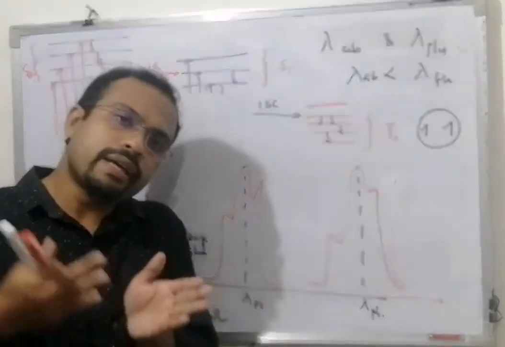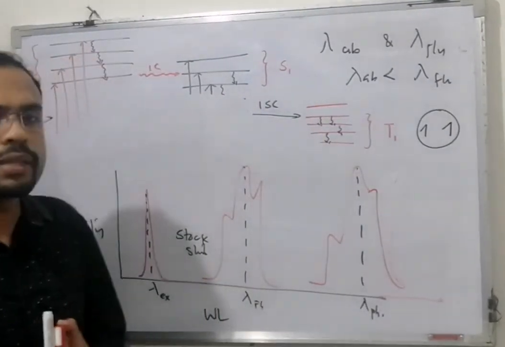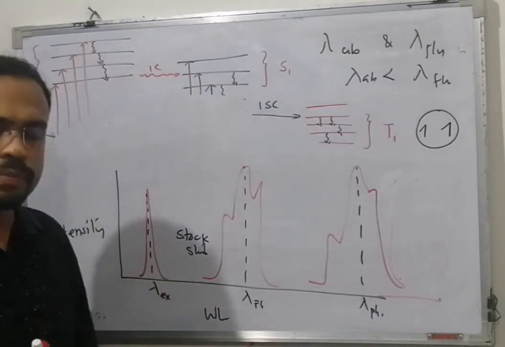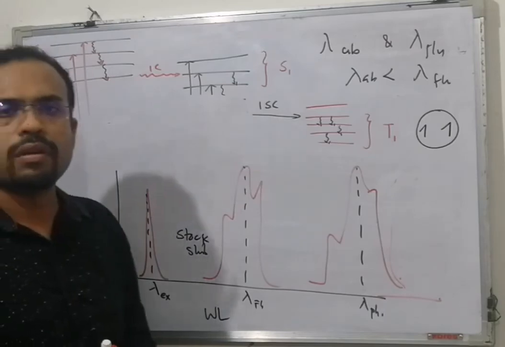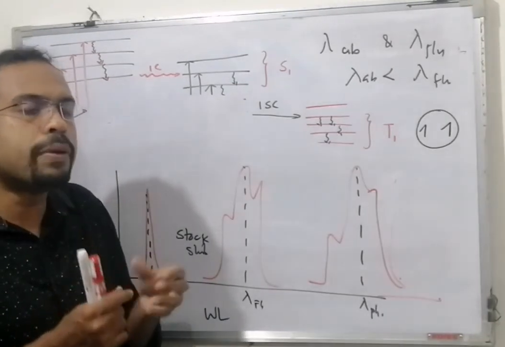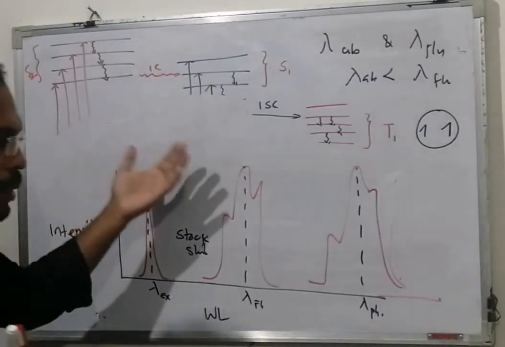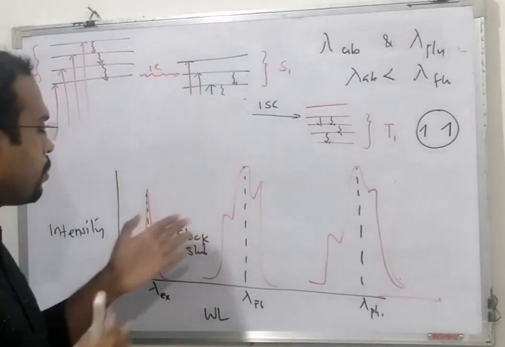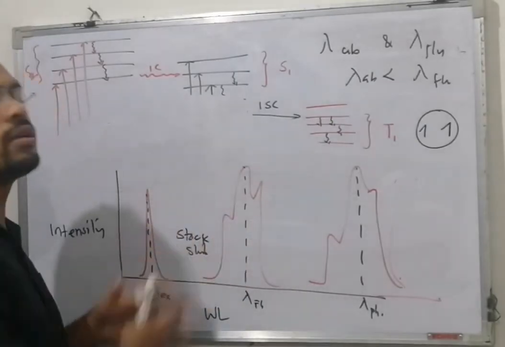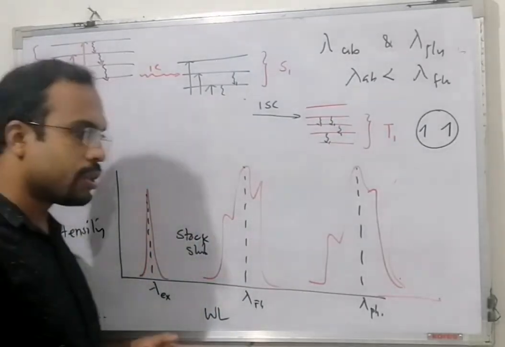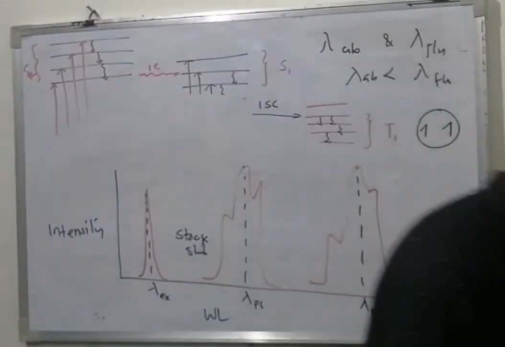A molecule can stay in the triplet excited state for 1 second or 0.1 second, but it is still a very small time. Therefore, in a small period, a lot of photons are emitted, so its intensity will be a little high, but it will be a broad spectrum.